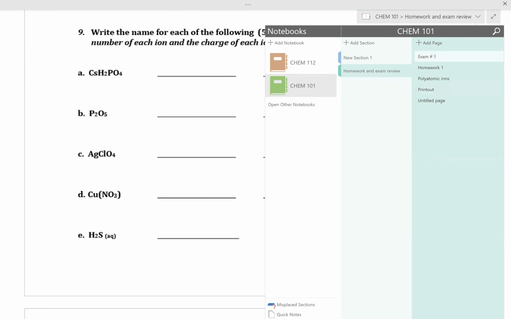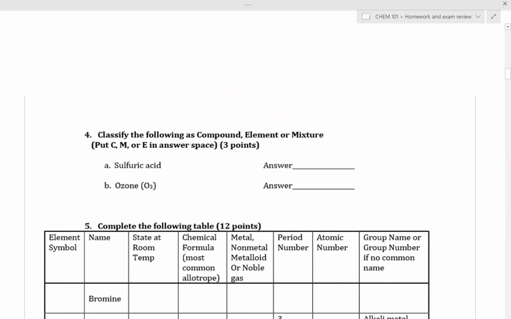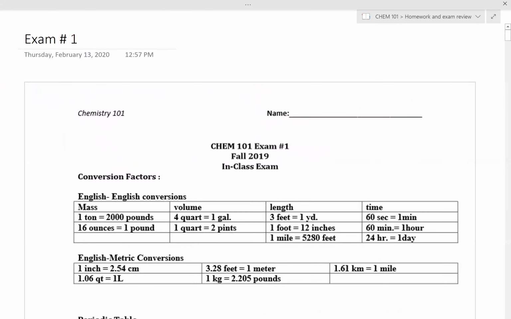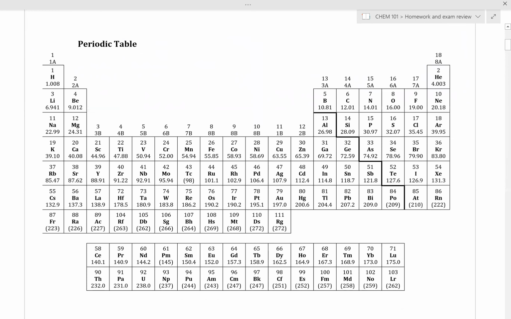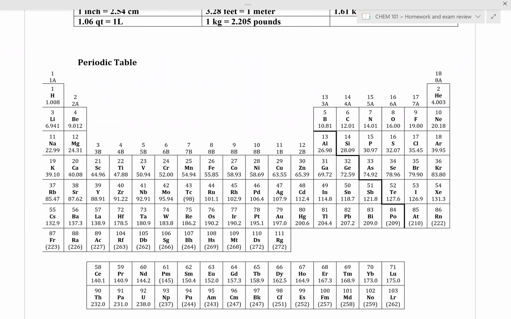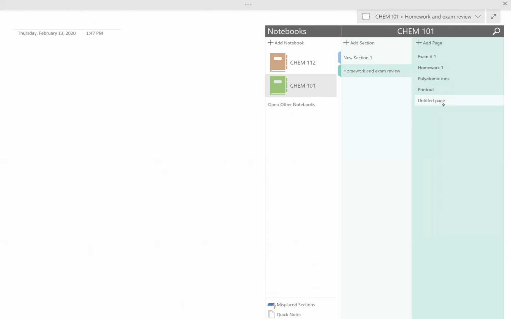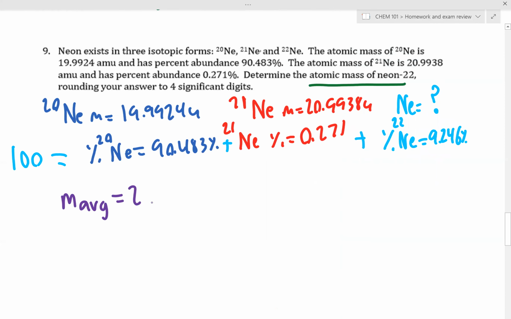So if you're going to your exam periodic table and going all the way to the top, lo and behold, we see under neon, what is our average atomic mass, roughly? 20.18. If you're given a periodic table, you should use it. So our average atomic mass is 20.18 AMU. Does that make sense where we're getting all of this information?